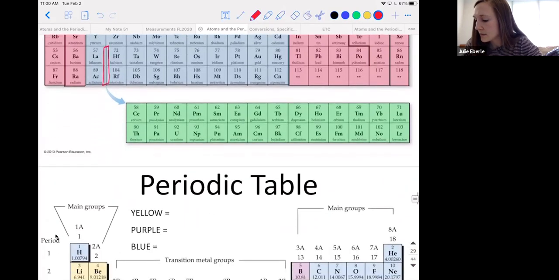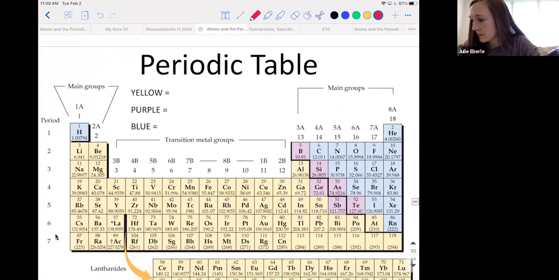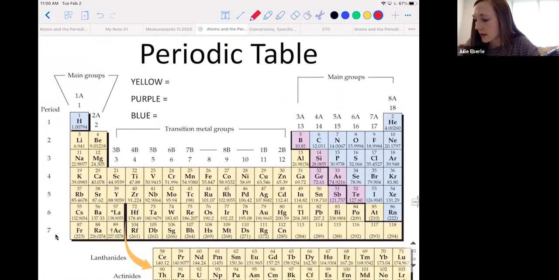Another way it can be organized, oh my gosh, this is so many, is these yellow, purple, and blue sections. I think if anybody has the hard copy of the textbook or online, if you open up that first cover of your textbook, you will see this periodic table. I think this is how it's colored. So we have yellow, purple, and blue sections. The yellow, all those elements are metals. Any element that's yellow is a metal.